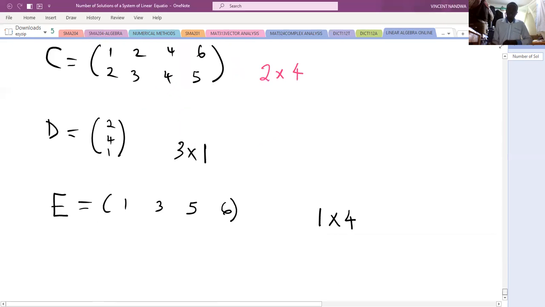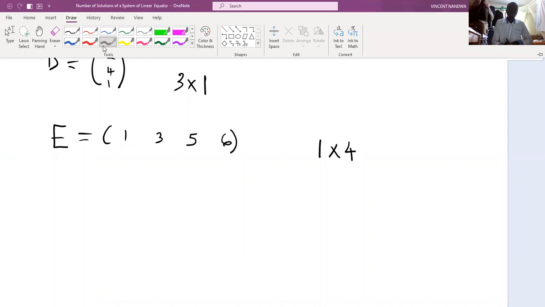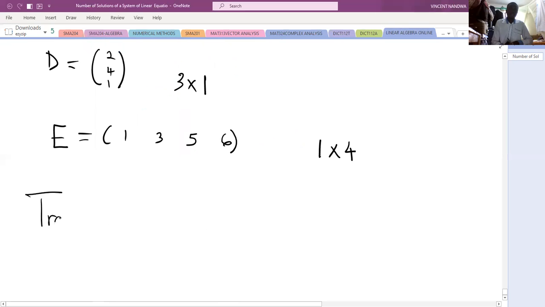So last definition for this session, transpose.